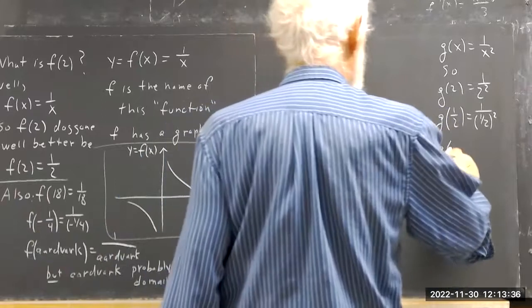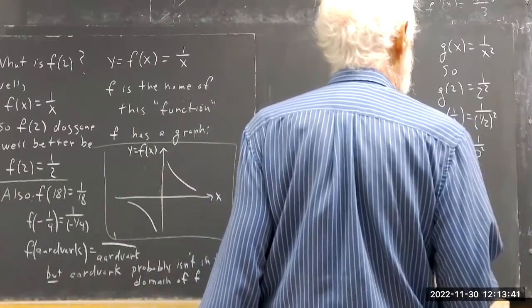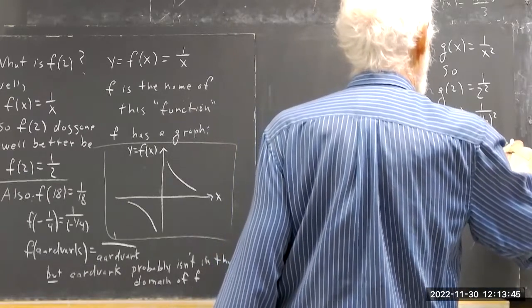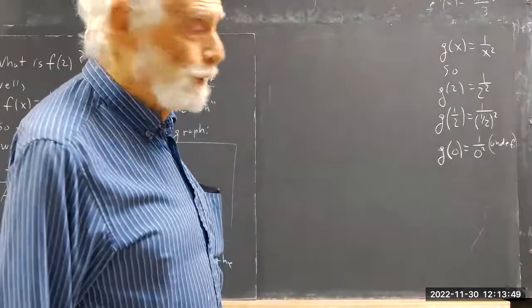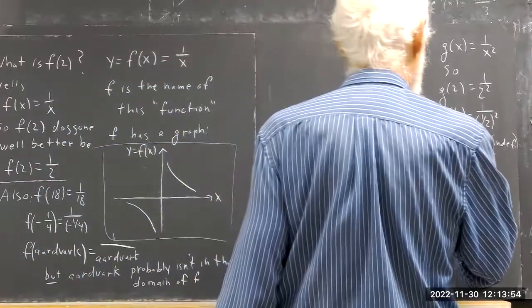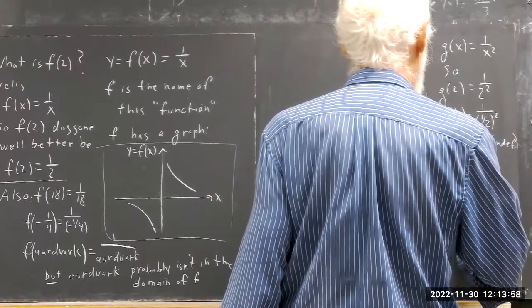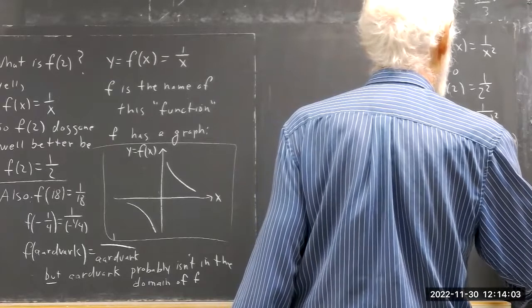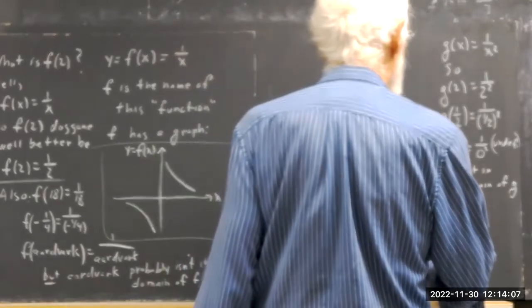G of 0 would be 1 over 0 squared, which is undefined. 0 is not in the domain of g. And then g of p plus q.